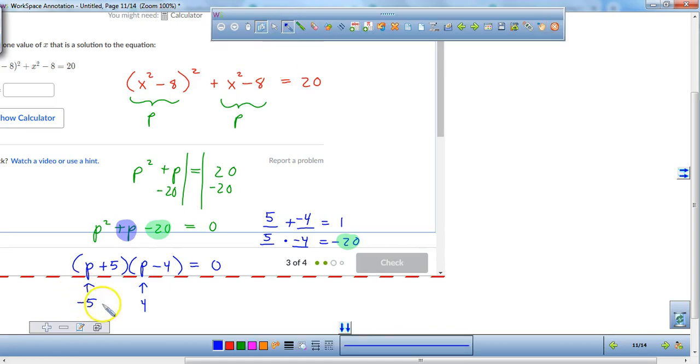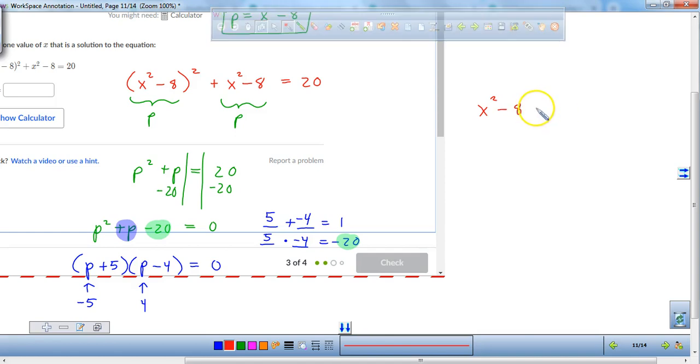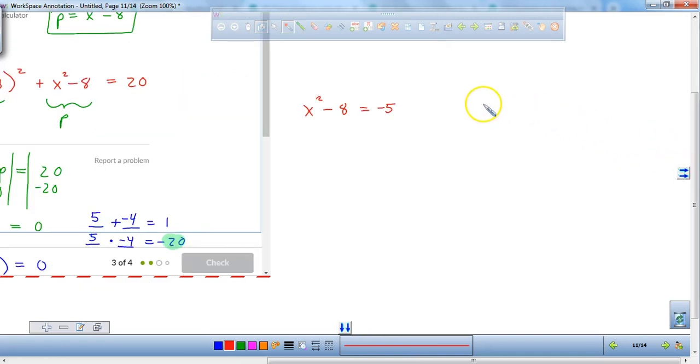So once you find this negative 5 and 4, what I'm going to do now is set up x squared minus 8 can equal a negative 5, and x squared minus 8 could equal a positive 4. So we're going to use one or the other.